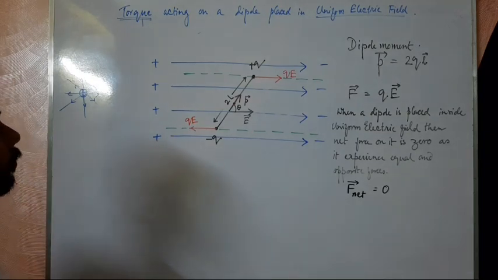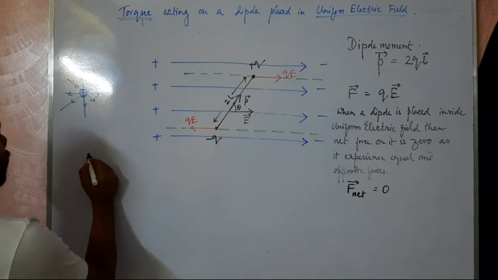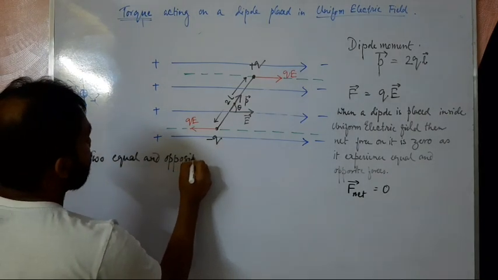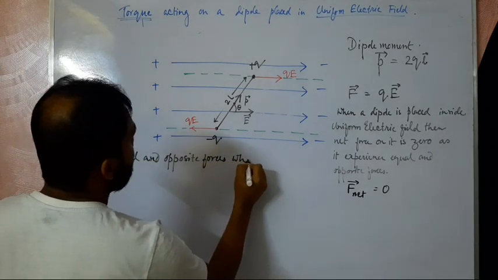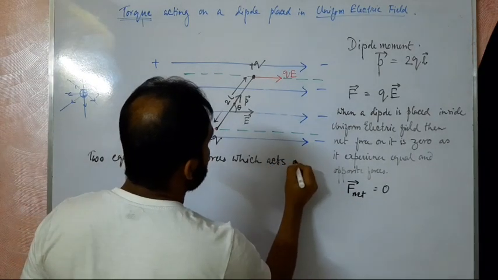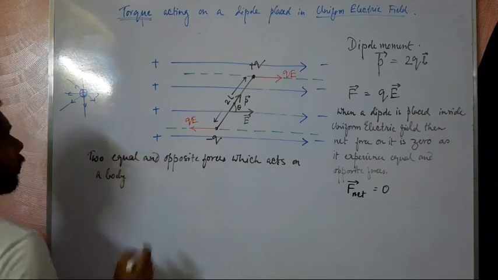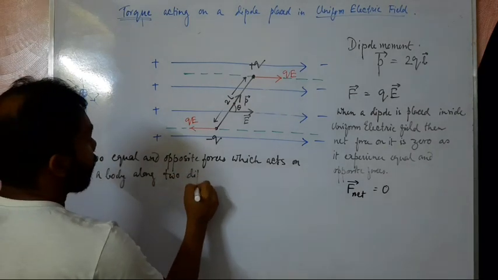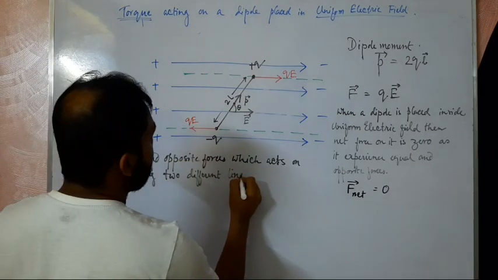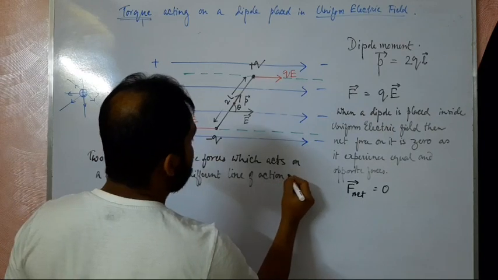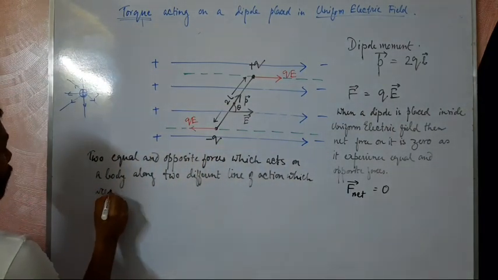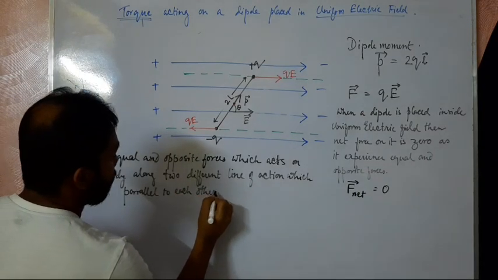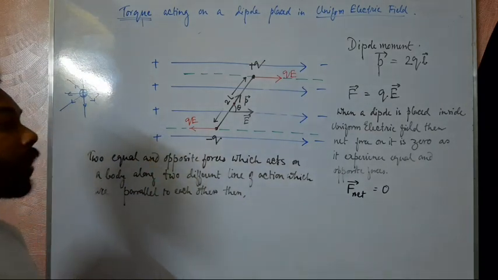So when such a thing happens to equal and opposite forces which act on a body along two different lines of action, which are parallel to each other, then they produce a torque.